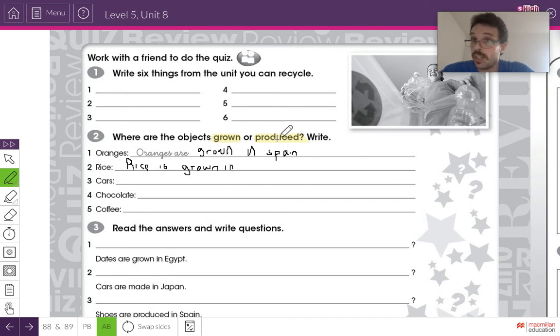What country is rice grown in? You remember? If you don't remember, again, look in your pupil's book and look back at the unit. Okay. Let's have a look at the next one.